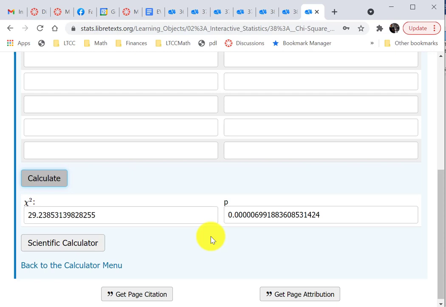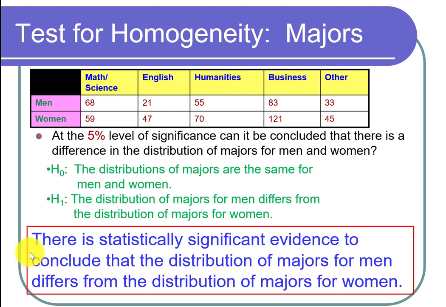Let's state our conclusion. We can conclude that there is statistically significant evidence to conclude that the distribution of majors for men differs from the distribution of majors for women, because that's what H1 says. And that is the conclusion to this hypothesis test.